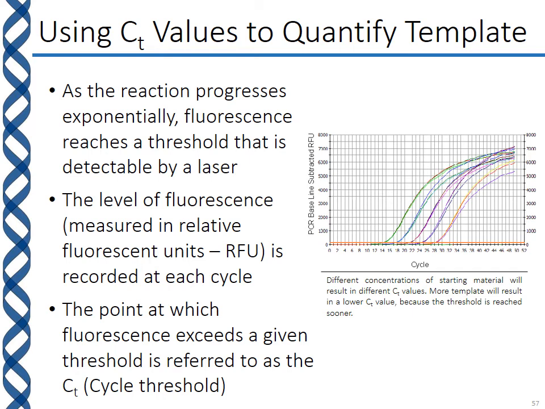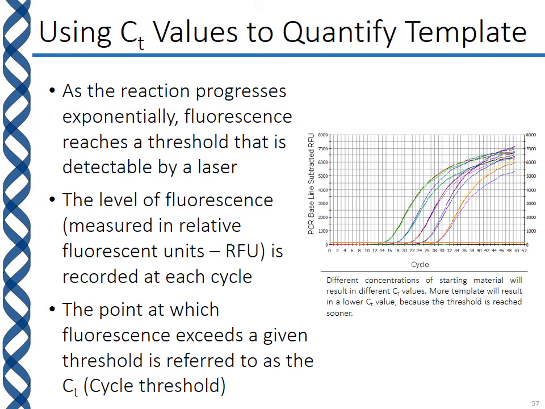But then you also will typically dilute your template DNA by tenths, and that results in different cycle numbers where the threshold will be exceeded. So different concentrations of starting material will result in different CT values. More template will result in a lower CT value because the threshold is reached sooner.